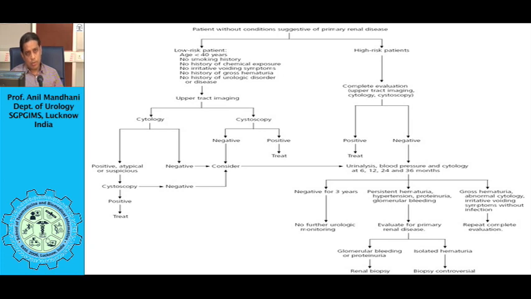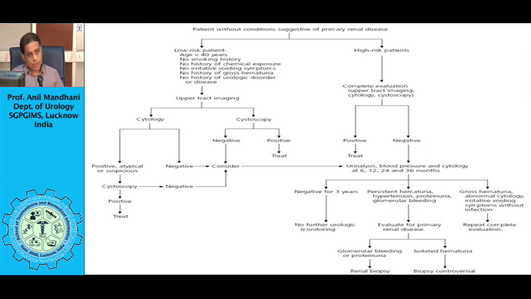So if you have more than that number of pus cells, and the patient has lower urinary tract symptoms, it is obvious that he or she has a lower urinary tract infection. But if the patient is not symptomatic, then the presence of pus cells should raise a suspicion of tuberculosis, particularly in developing countries.